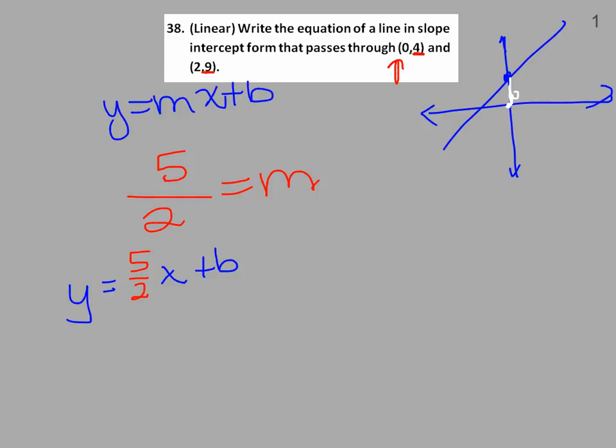However, if you didn't think about that, you would instead plug in an x and a y from one of those two points. I'll do the 0 and the 4. So we'd say, since y was 4, 4 equals 5 halves times 0 plus b.